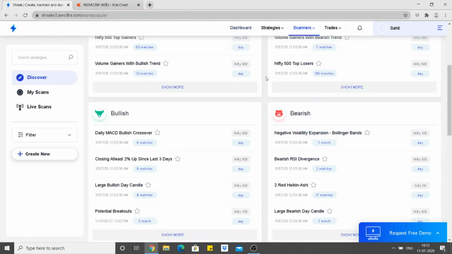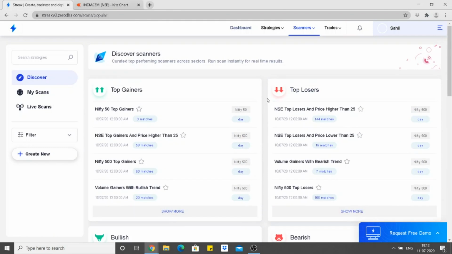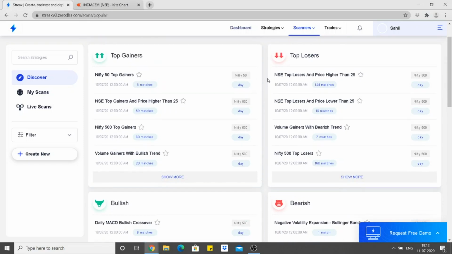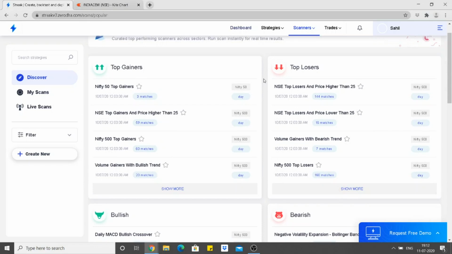So this is actually our discover page, which I would like to show y'all before creating the next scanner, because I understand that it can be tough to create your own scanner at first, which is why we have over 100 pre-designed scanners over here that have been hand-picked after thorough research by experts. So we have scanners available for every trading scenario. We have top gainers, top losers.